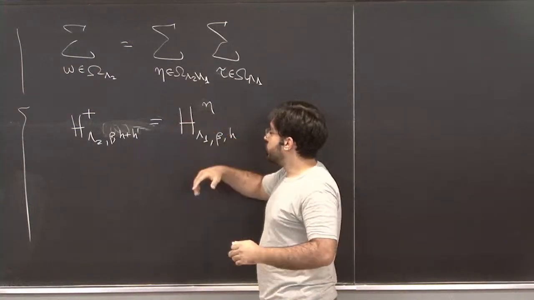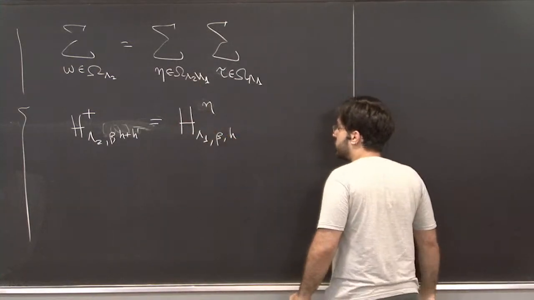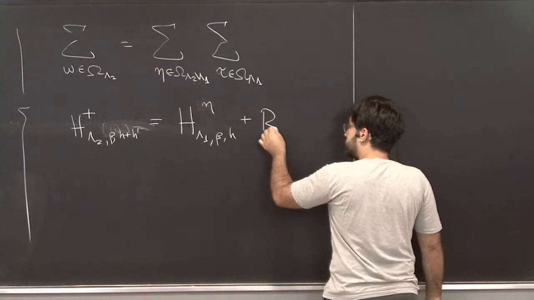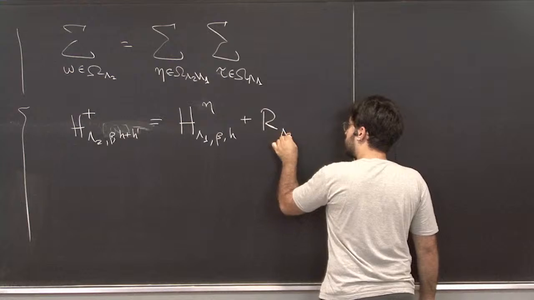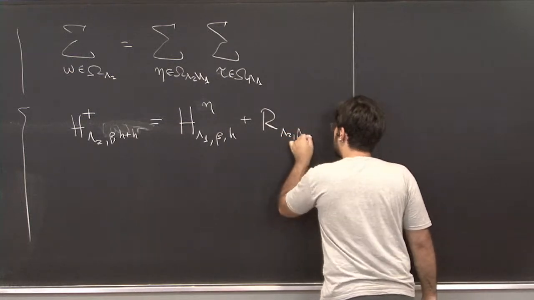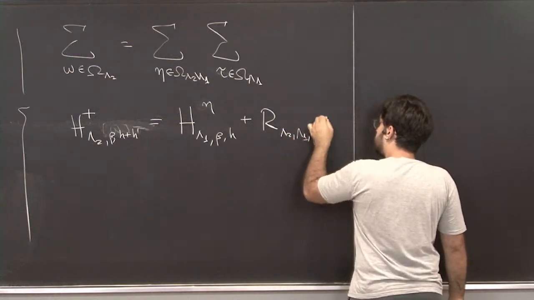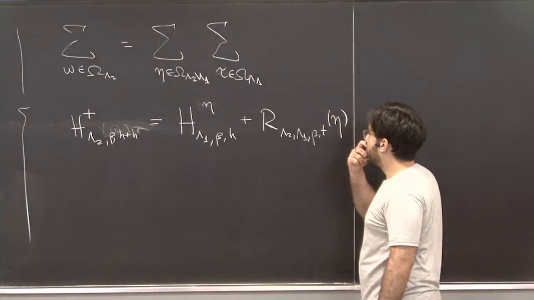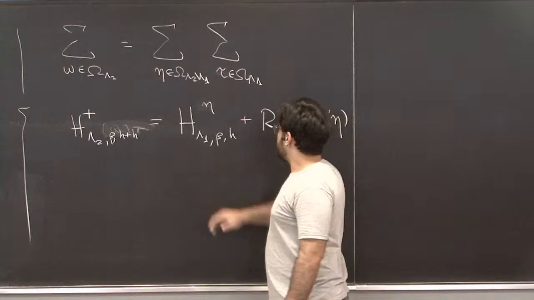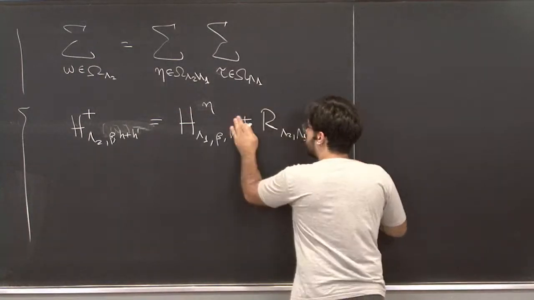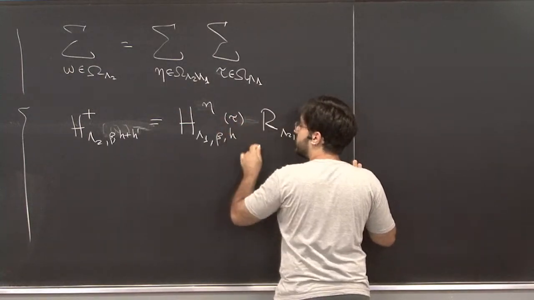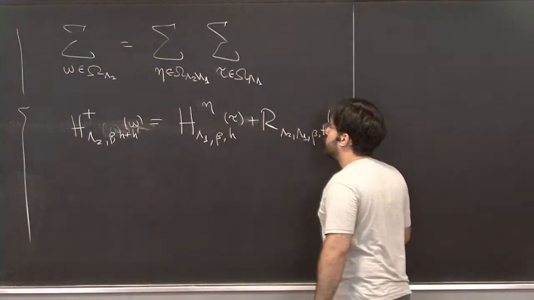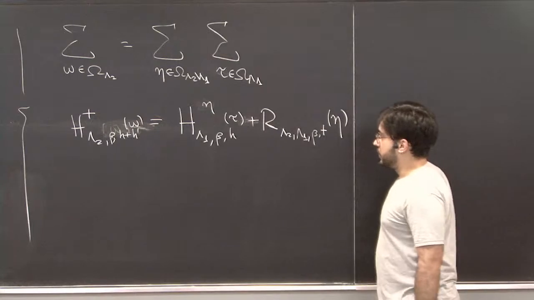Outside lambda 2 it is still plus boundary condition. And we add some term, beta t, that only depends on eta. This depends on tau, this depends on omega, plus we can write like this.